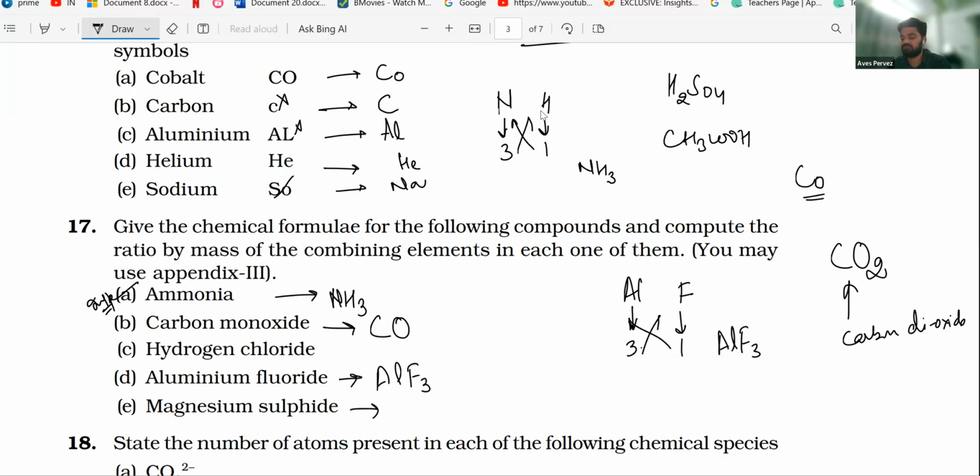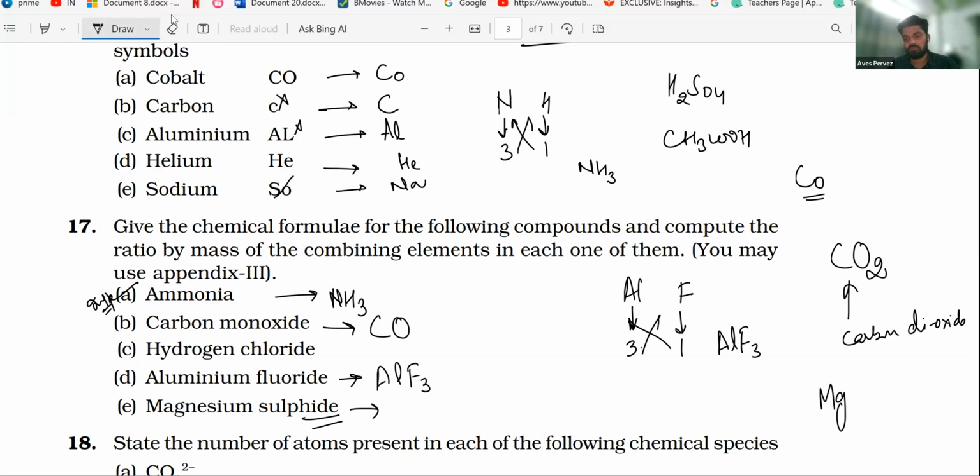Now magnesium sulfide. It is sulfide, not sulfate. For magnesium sulfide, it's Mg2S2.